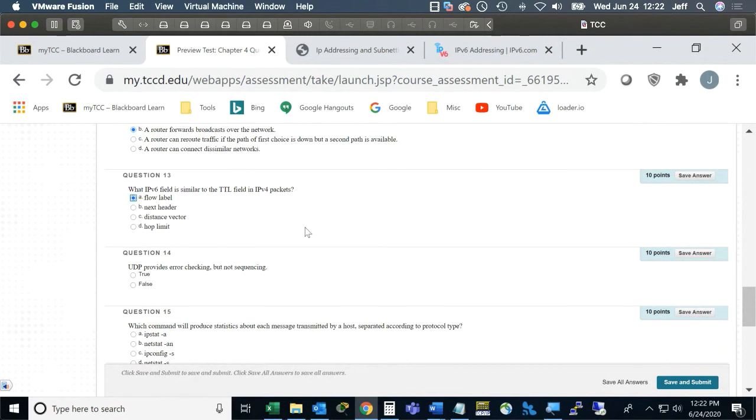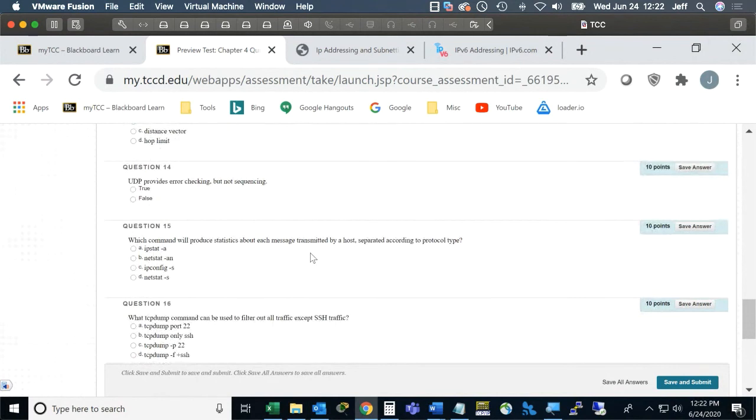Yeah. UDP provides error checking, but not sequencing. That is false, right? UDP just sends it. Sends everything at you, right?